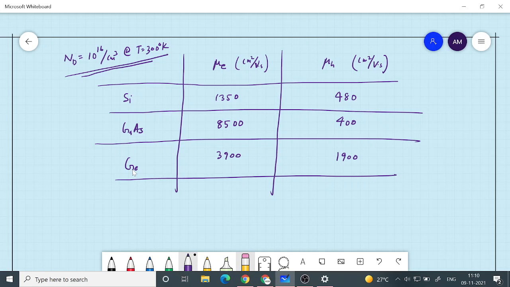High frequency means the electron has to move back and forth at a very high speed. So gallium arsenide is a better material for high frequency applications, and we don't use silicon for very high frequency applications, especially when you move to 5G. Silicon is not the material, it is gallium arsenide. And not only gallium arsenide, there is aluminum gallium nitride, which is another material. They offer high speed.